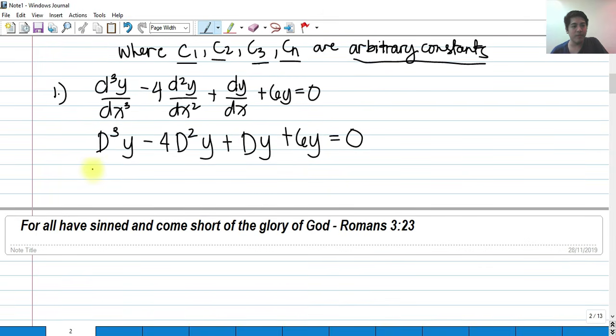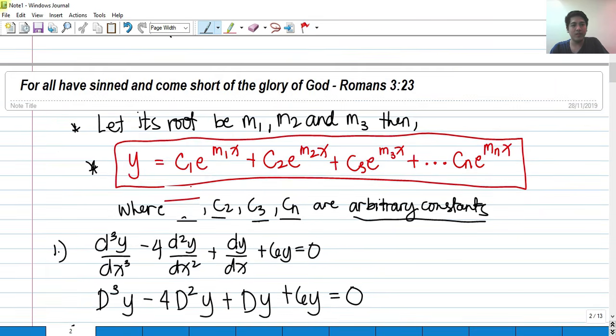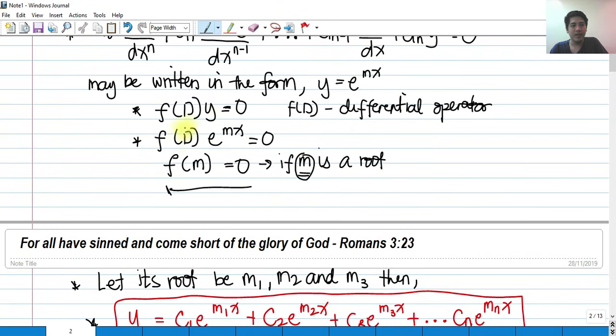If we factor out y, we have d cubed minus 4d squared plus d plus 6, multiplied by y, is equal to 0. Now notice we have written this form into the differential form.